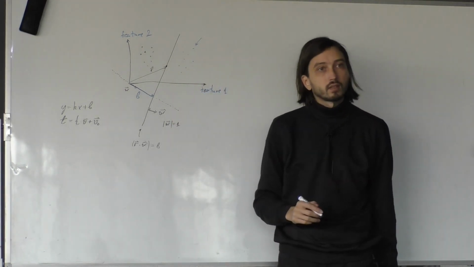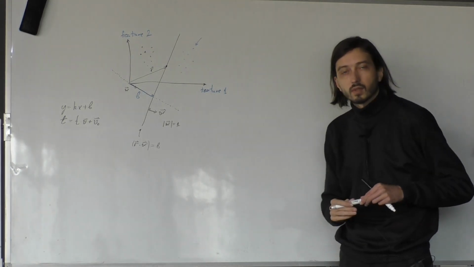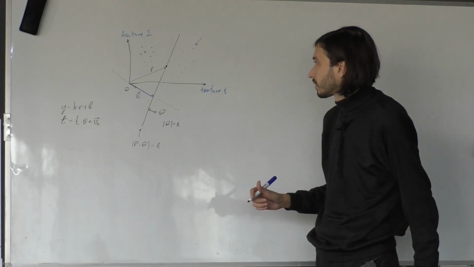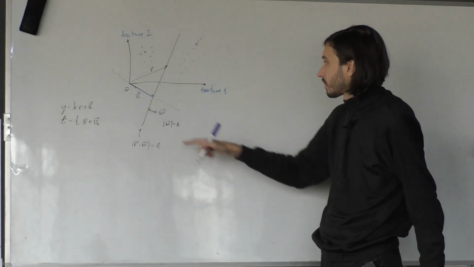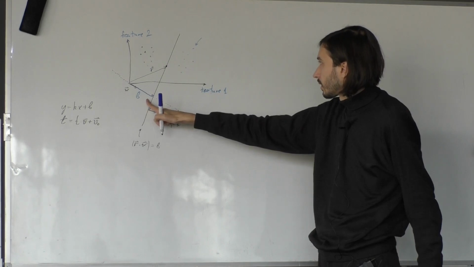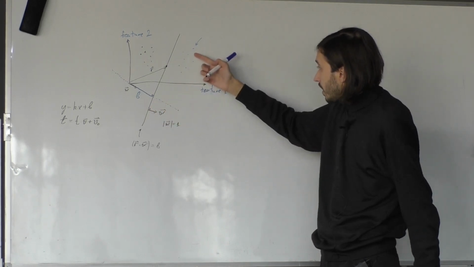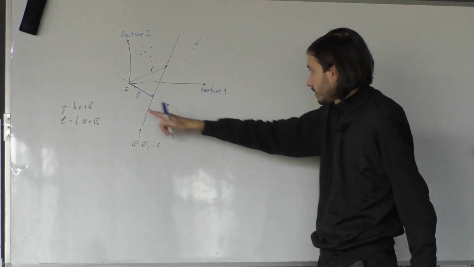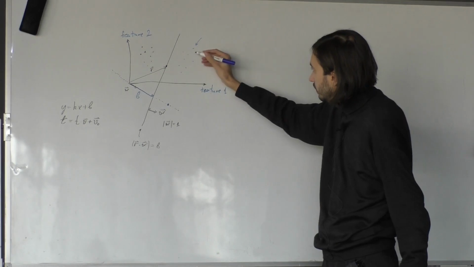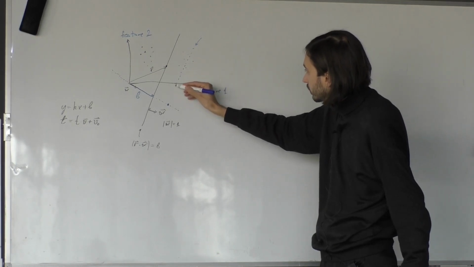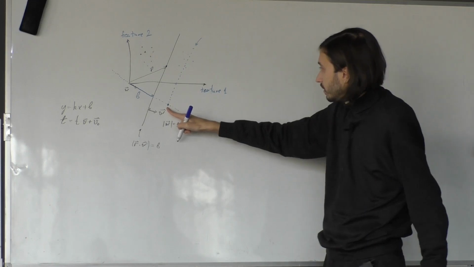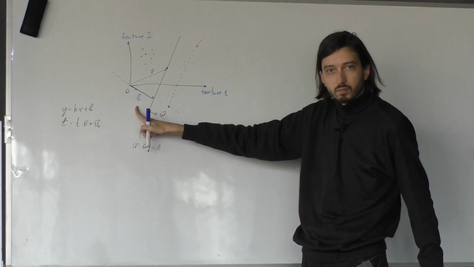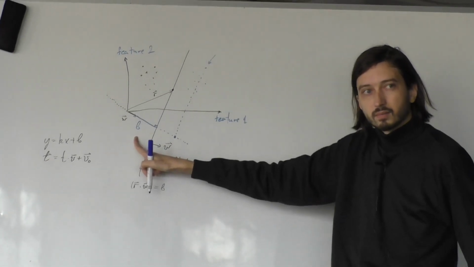What do I get? Positive value? I'm getting some point somewhere here, yes? If I project on this line, this distance is bigger than b. Yes?